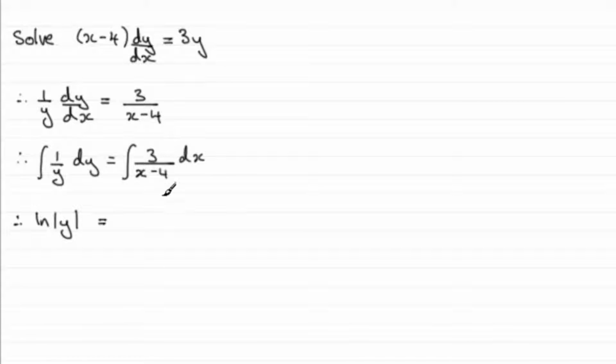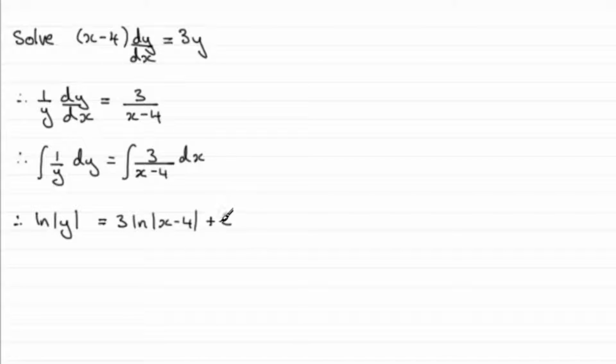So if we integrate 3 over x minus 4, we can see that this is going to be 3 times the integral of 1 over x minus 4, which is the natural log of the mod of x minus 4. I'm assuming that you're familiar with these integrals, okay? So on that basis, we'd have a constant from this side, a constant from that side. Once we bring one constant over to the other side, we group them together and just have the one constant. Let's call it c.